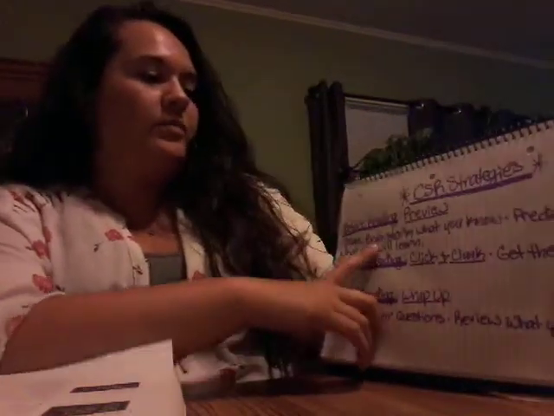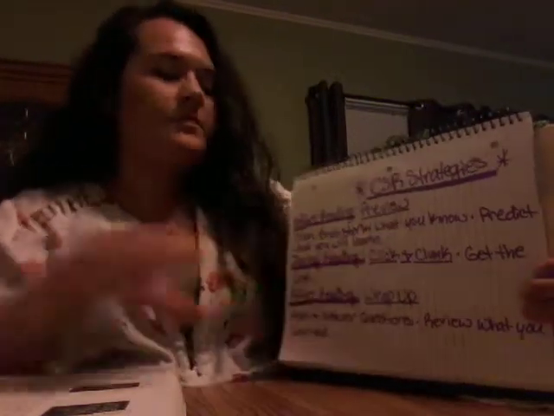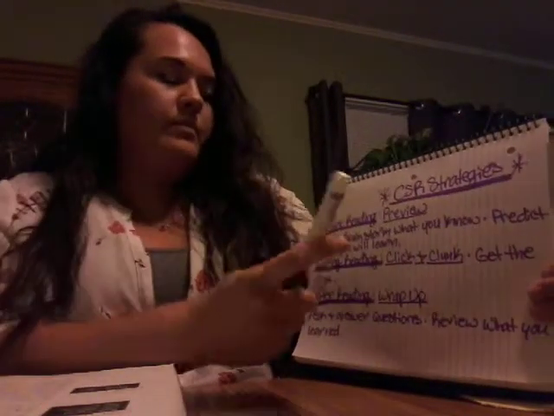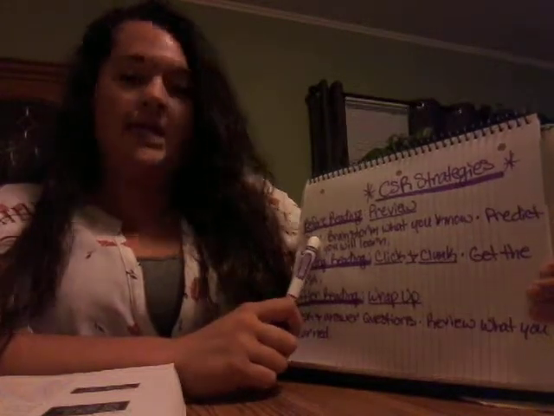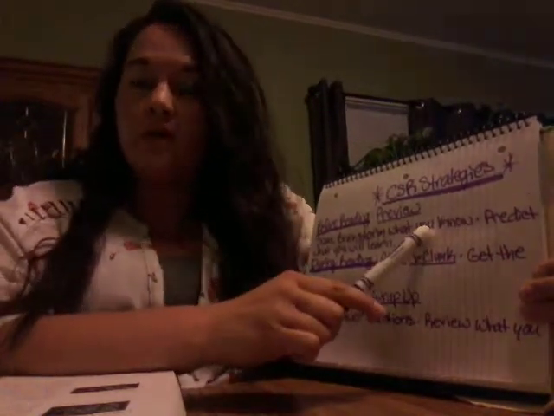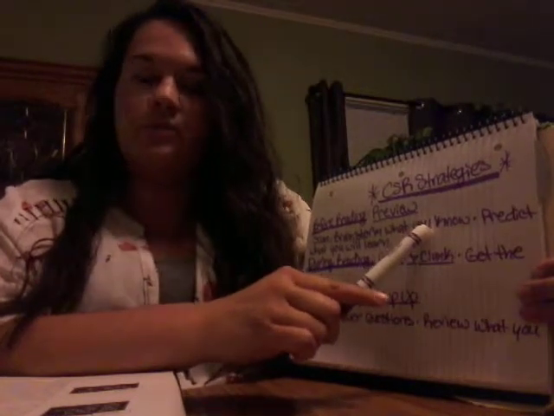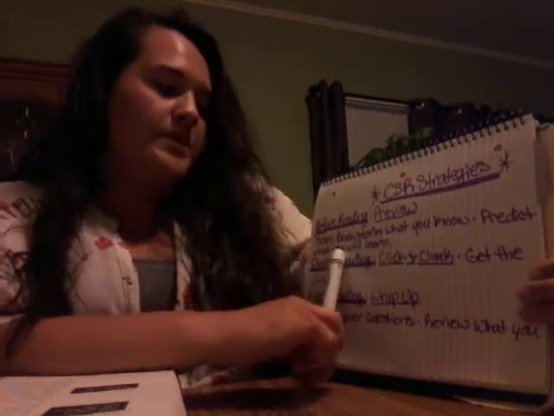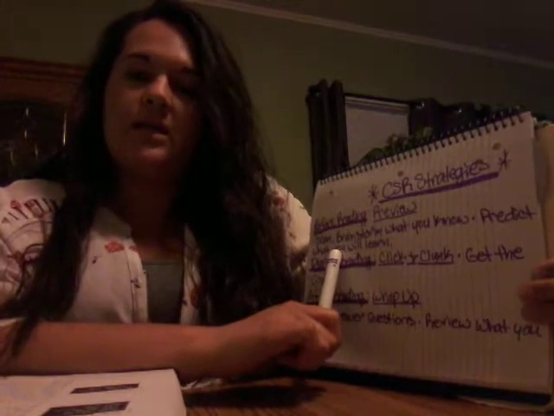So before reading, we preview, and this is where you scan over the reading, brainstorm what you already know on the topic of the reading, and then predict what you think you're going to learn in the reading.